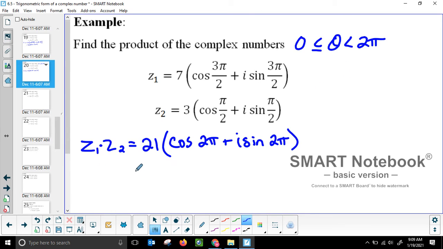Especially on Delta Math, if you type this answer in and it tells you you're wrong, that would probably be because they want you to write the coterminal angle that is within this range, which in this case would just be 0. Done.